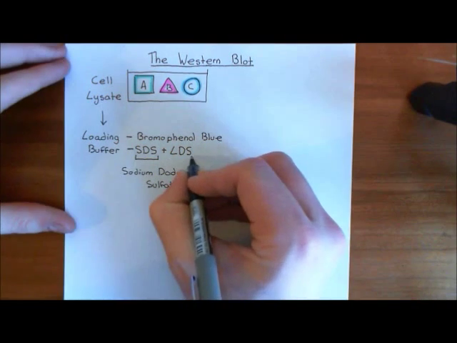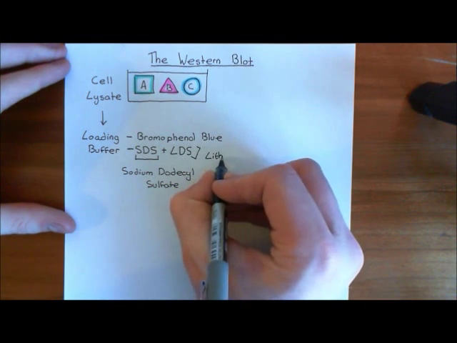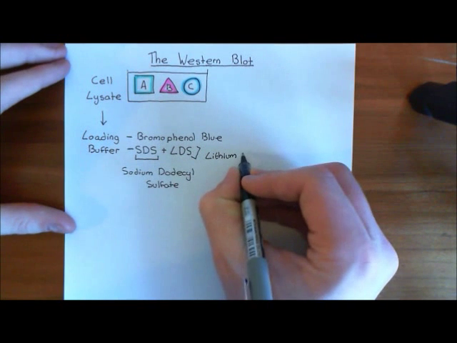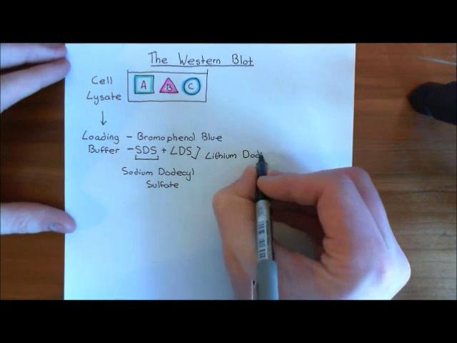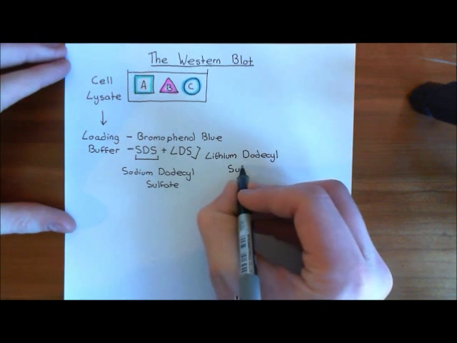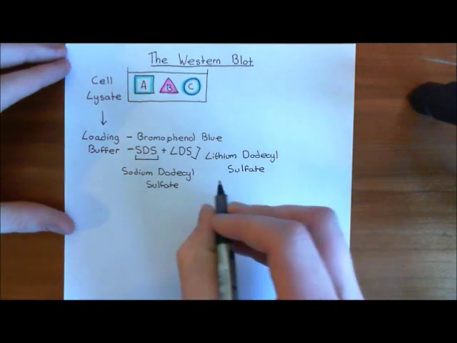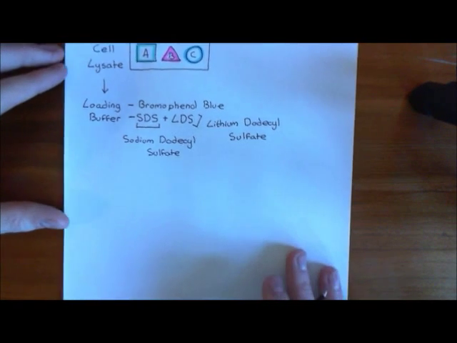And LDS stands for lithium dodecyl sulfate, so it's pretty much the same thing, but instead of sodium you have lithium. So let me show you the structure of sodium and lithium dodecyl sulfate, and they're going to be identical. All that's going to change is which cation we have.